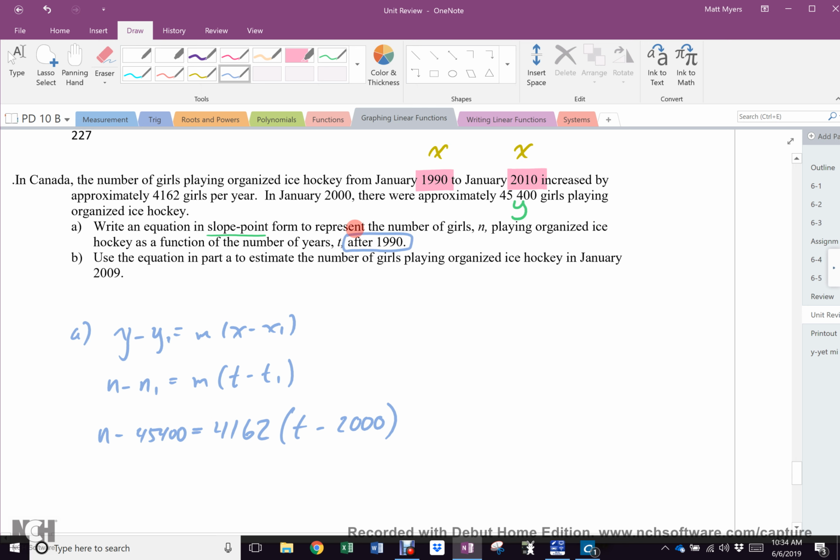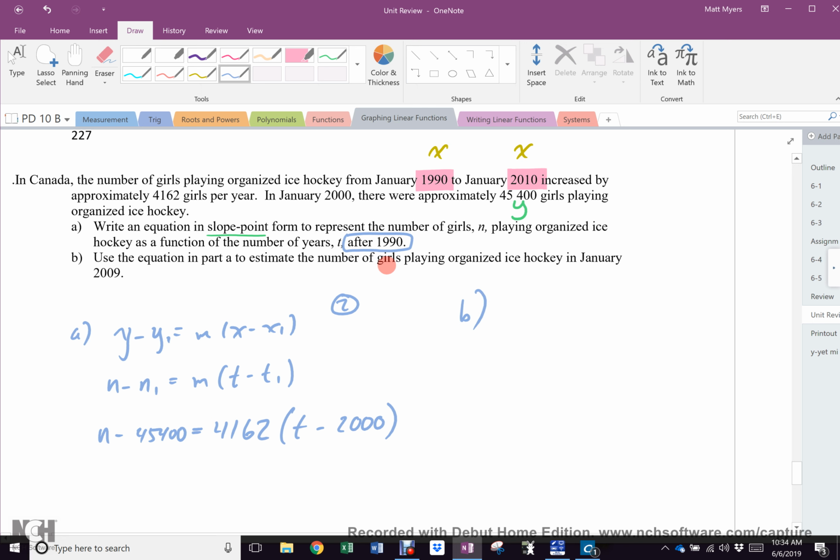Years after 1990. If you've written this, you're okay, but you should write it differently, shouldn't you? What should this number be in the formula? 10, right? Because it's 10 years after 1990. But this will work too. So that gets you 2 marks, because that was a bit hard to do.